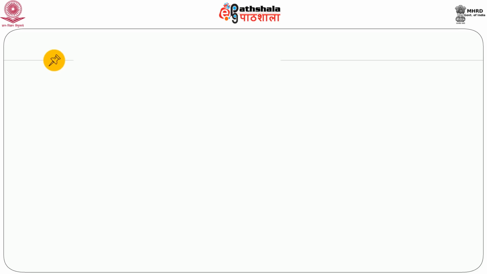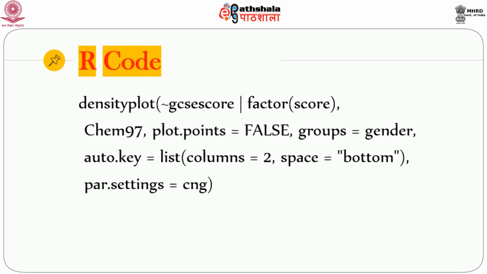So now let's try to find the ways to apply this setting that we have just made. To change the group colors, one just needs to change the part.settings argument. Since we have stored the transformed details in CNG, here we are specifying part.settings equals CNG, and then we are tuning the other arguments of the density plot function based on the arguments gathered so far.